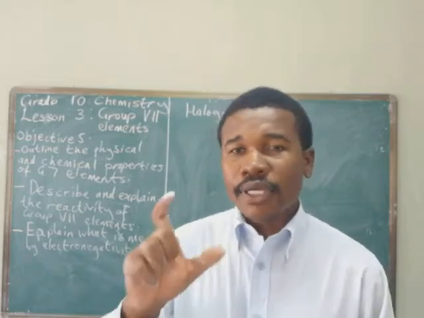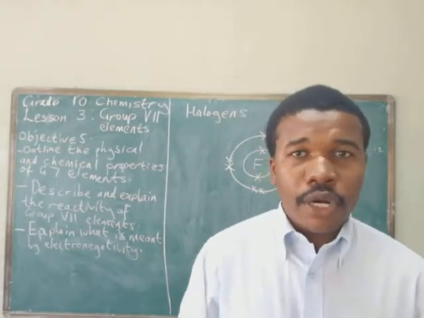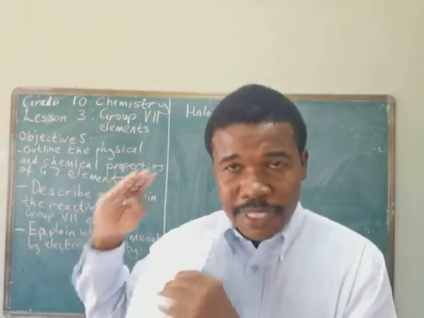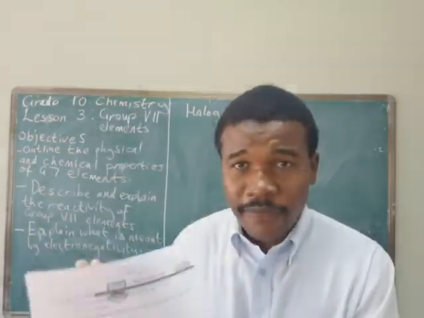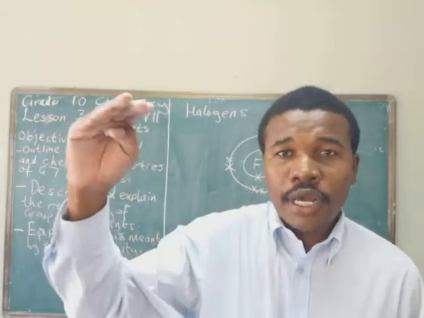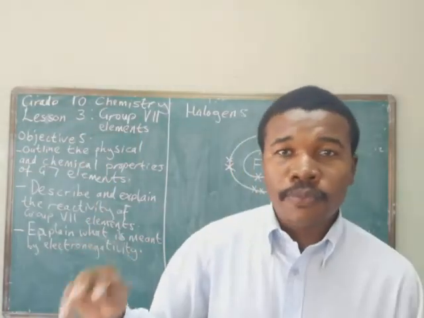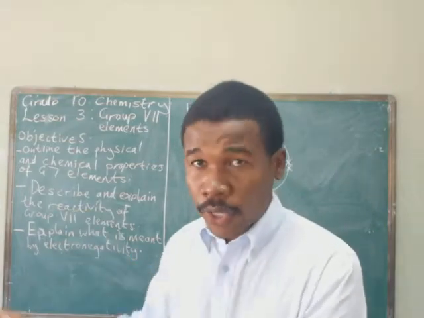Remember, when we are looking at individual groups, we are comparing the elements that are in those specific groups. So if we are in group 7, we are comparing what fluorine looks like in relation to iodine, in relation to chlorine.